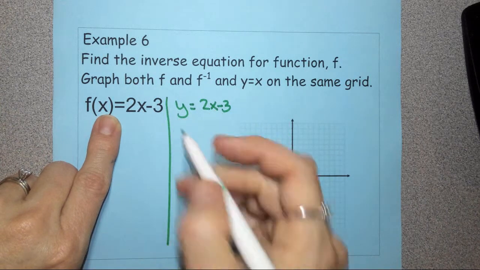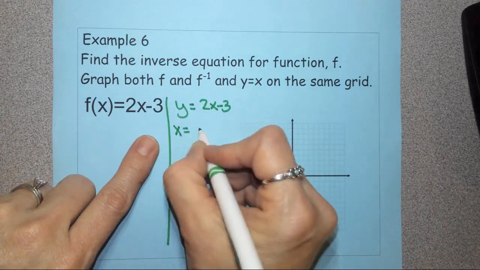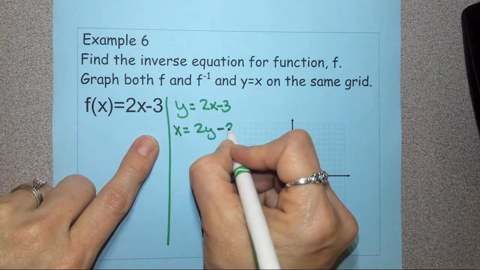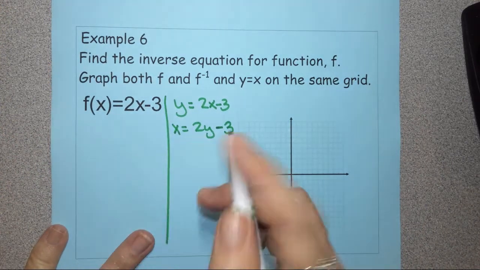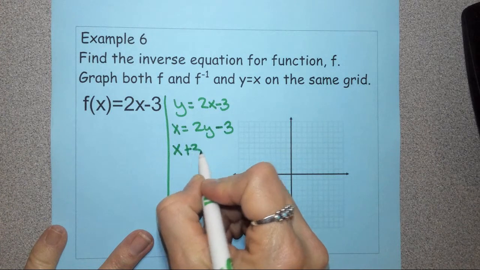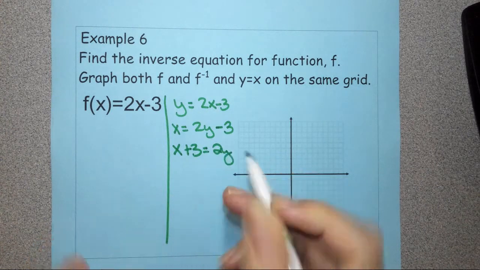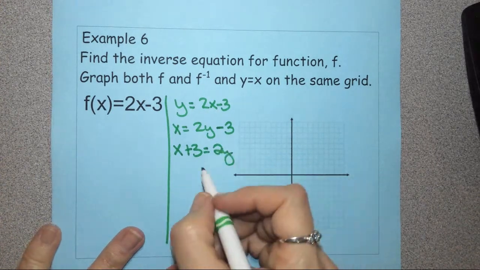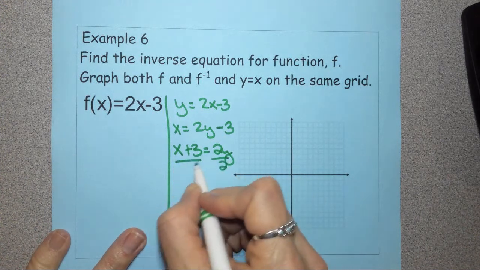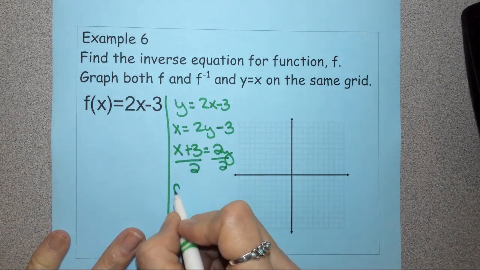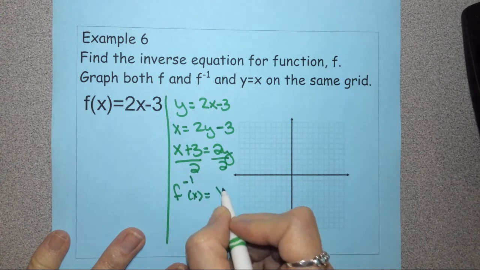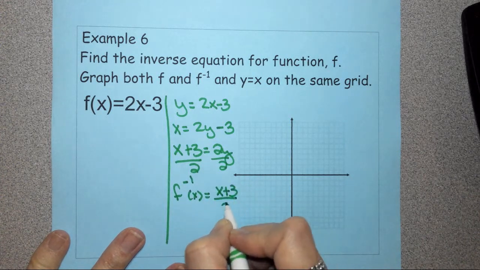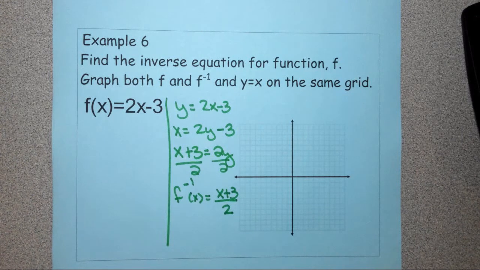I'm going to switch the x's and the y's, so x equals 2y minus 3. To get rid of a negative 3, I'm going to add 3. So x plus 3 equals 2y. And then I'm going to divide both sides by 2. So my inverse function equals x plus 3 divided by 2.